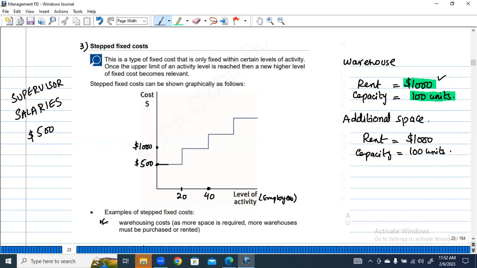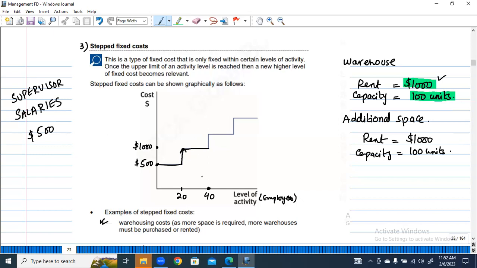So again, the cost was fixed up to 20, but when the employees increased above 20, you have to hire an additional supervisor. So there will be a step up in cost, and again that cost will become fixed, and in this way it will continue on. So supervisor salaries are also a type of step fixed cost.